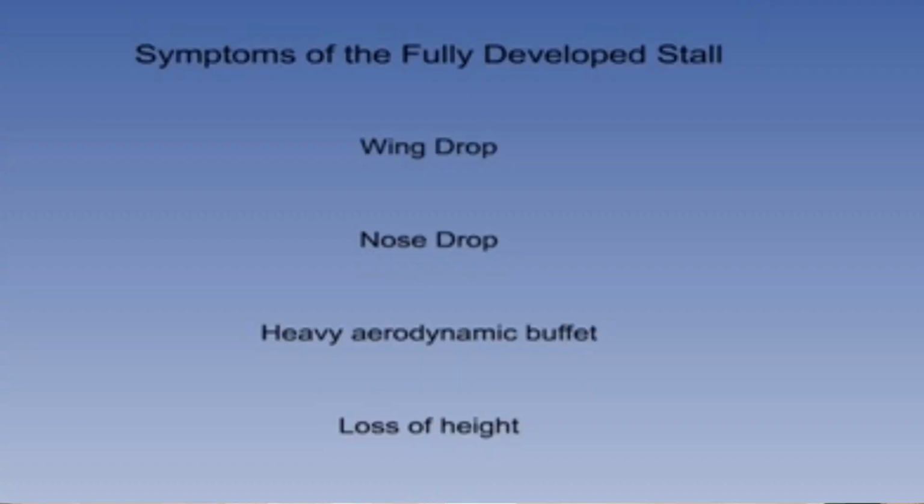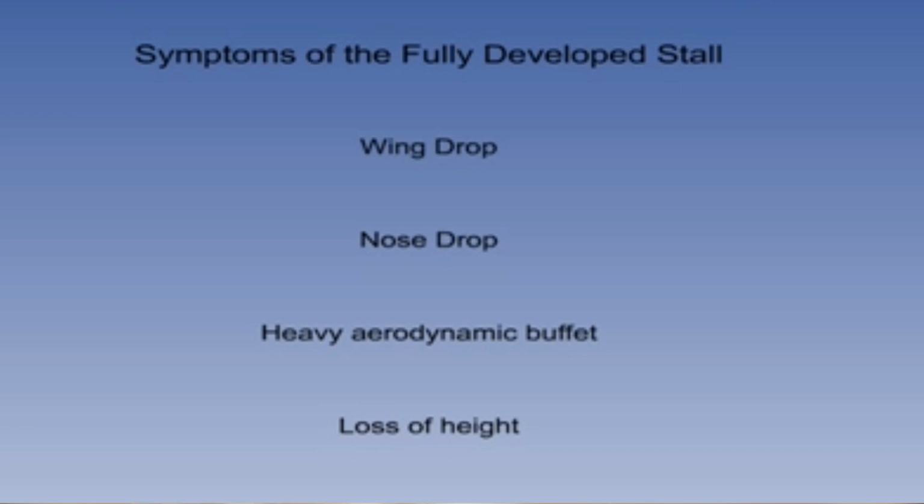Similarly, you have some symptoms for a full stall, where the aircraft has already reached the critical angle of attack and has stalled. Incipient stall is when you're about to stall, but full stall is when you're actually stalling the aircraft. First, wing drop: suddenly at stall, the wing of the aircraft drops, because it is no longer generating lift.